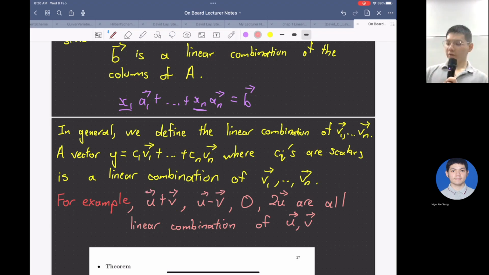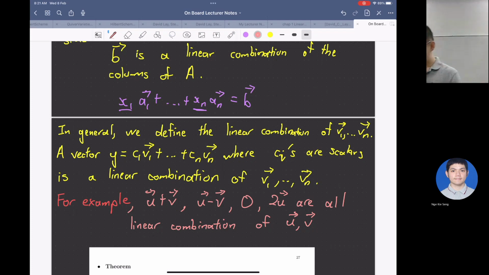When we talk about linear combinations, we need to start with some vectors. Maybe you have 3 vectors, and to combine them you can only add them and scalar multiply them. These are the 2 operations you can do, and the vectors you produce are called linear combinations.